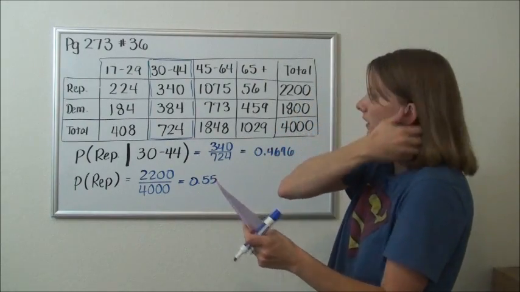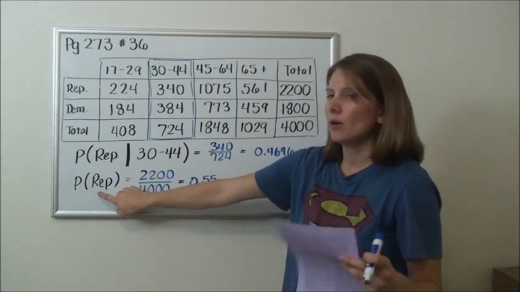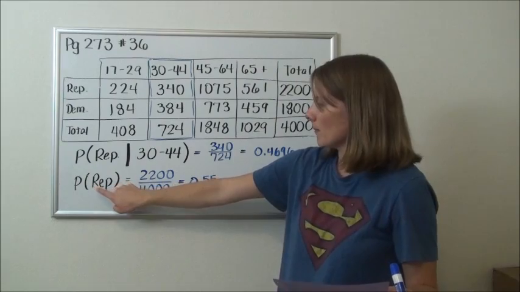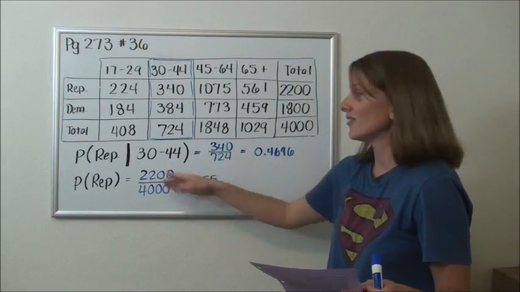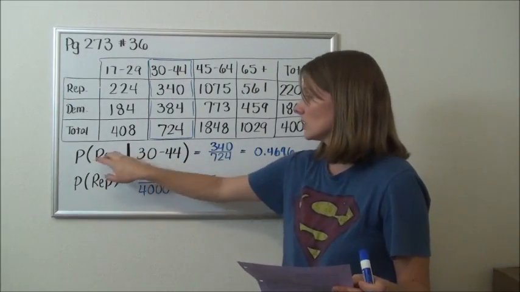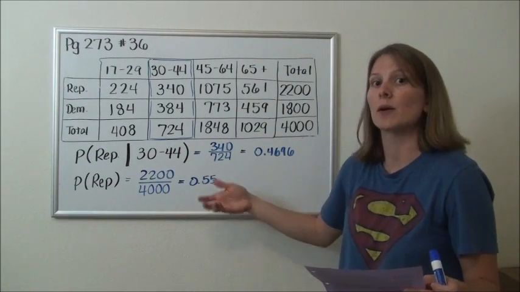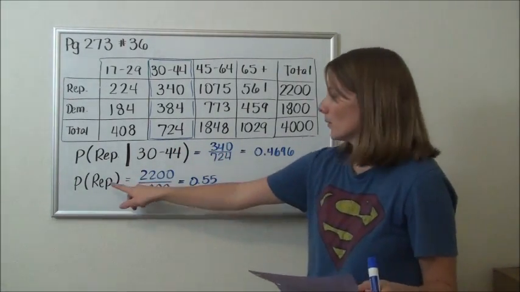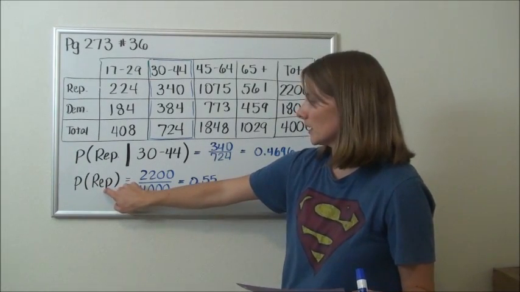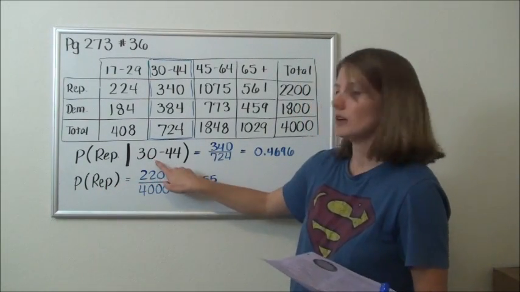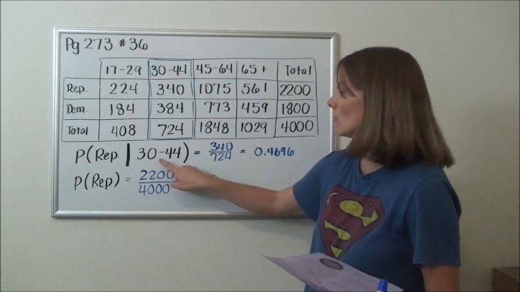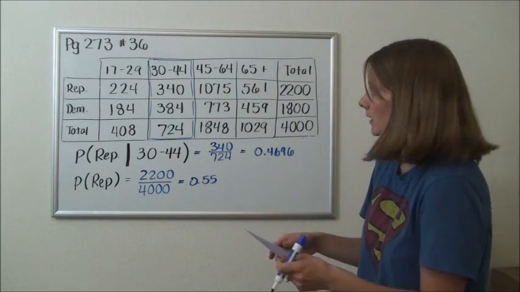To justify your answer, here again, if I know nothing about a person, the probability they're a Republican is this amount. If I happen to know that they're this age, the probability that they're a Republican changes. The fact that it's changed means that it was dependent. So your political affiliation of Republican depended on knowing your age. If the age was known, it changed the probability.